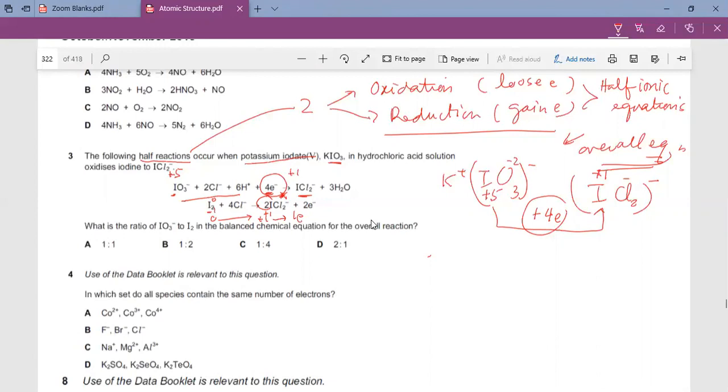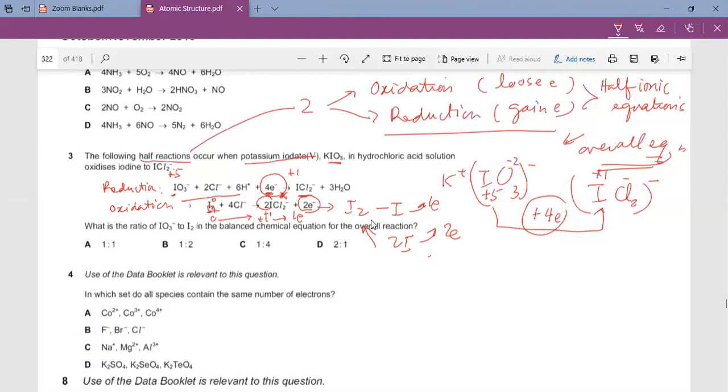Since there are 2 iodine, it must have lost 2 electrons. So these 2 electrons came from the I2. 1 I gives you 1 electron, so 2 I from here will give out 2 electrons. So this is your oxidation half equation, and the earlier one is your reduction.